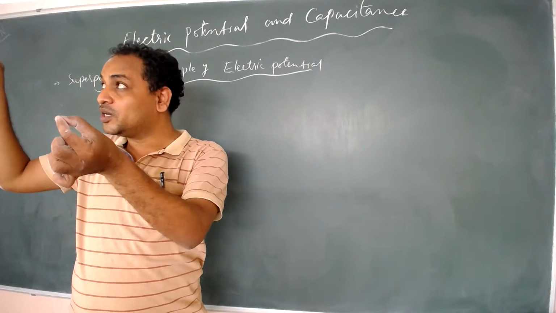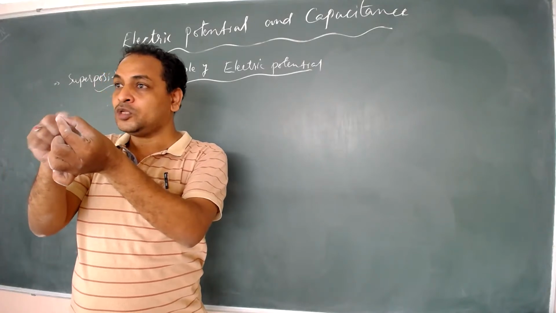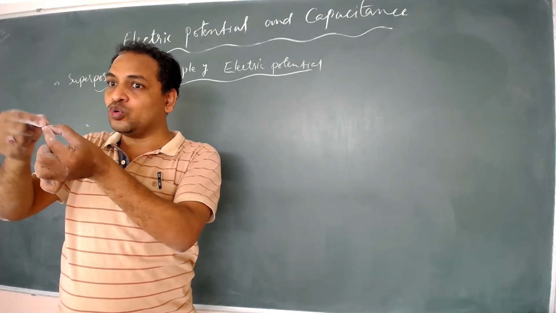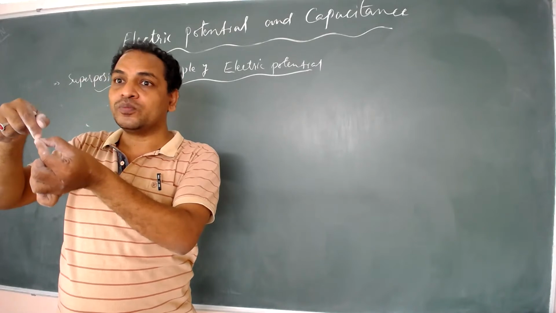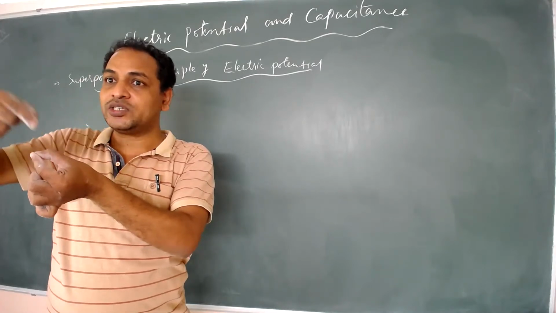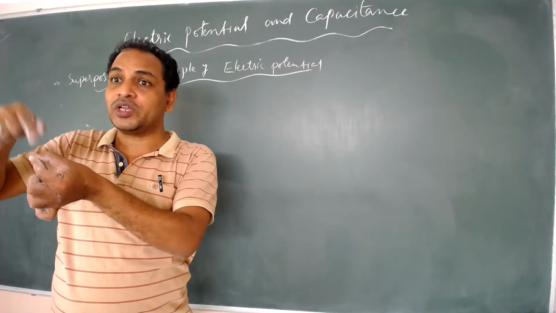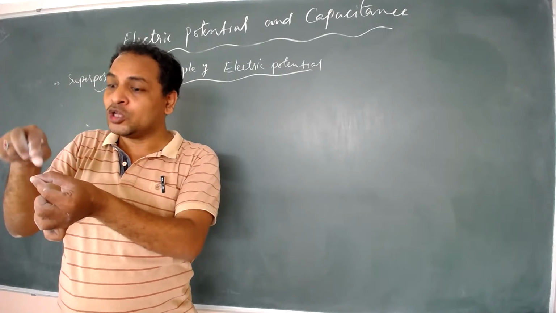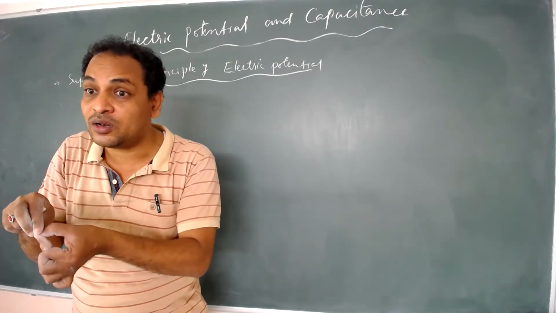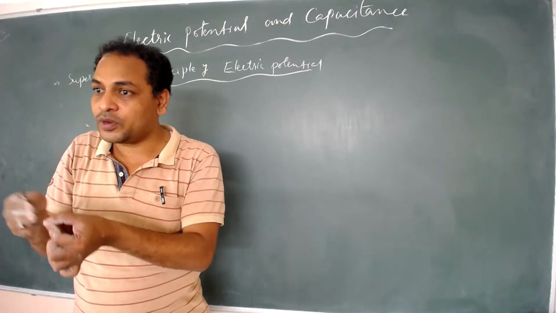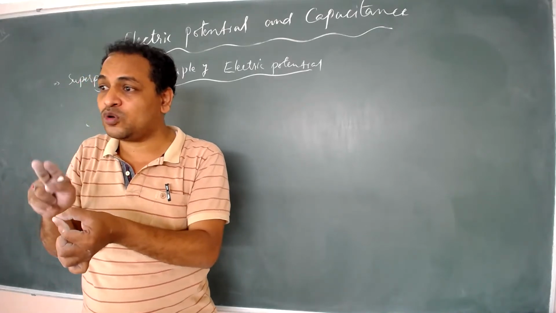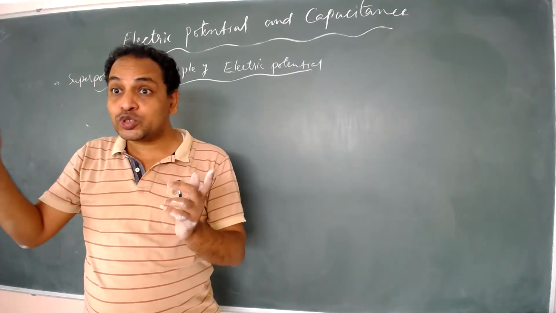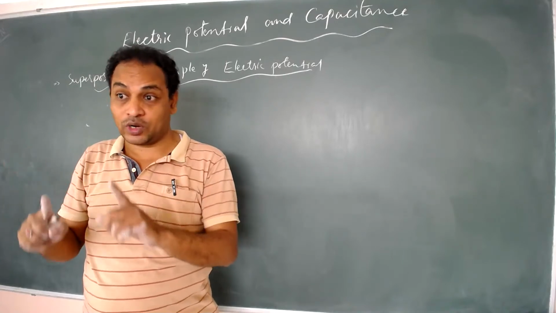Q1 at distance R1 gives potential V1. Q2 at distance R2 gives V2. Q3 at distance R3 gives V3, and so on. Qn at distance Rn gives Vn. So the total potential V is V1 plus V2 plus V3 plus V4 and so on up to Vn. That is the sum of potentials at that point. Positive charge, take positive; negative charge, take negative. Keep this in mind.